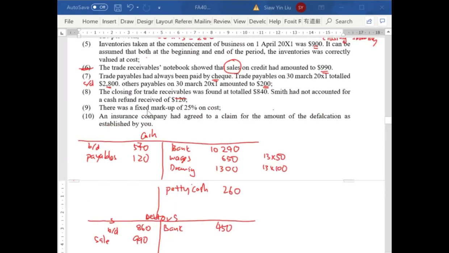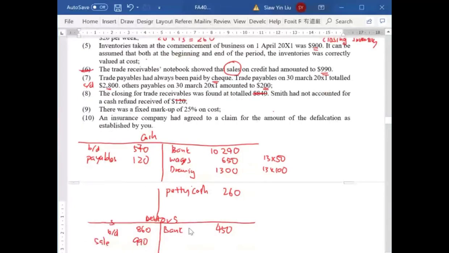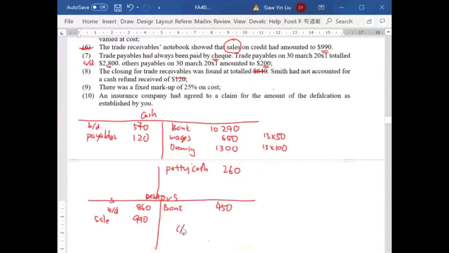And then just now here, the closing for receivables was found to be 840. So this is your debtors closing. So now you have a carried down balance 840. So if you try to balance that, you'll figure out you cannot balance.